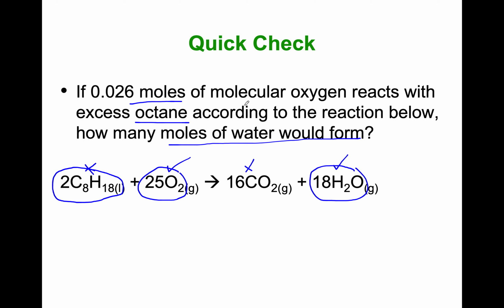Okay, so if you're in moles of oxygen, you want to set up your ratio. So moles of oxygen is what you're starting in. Then we've got to be multiplying it by moles of oxygen to cancel. So if we look here, balanced chemical equation, that's 25 moles of oxygen.